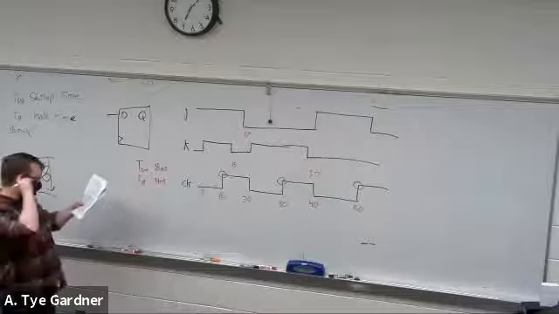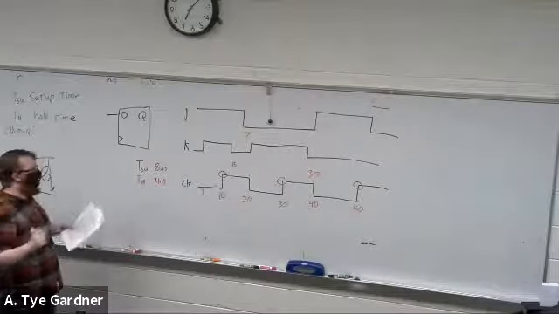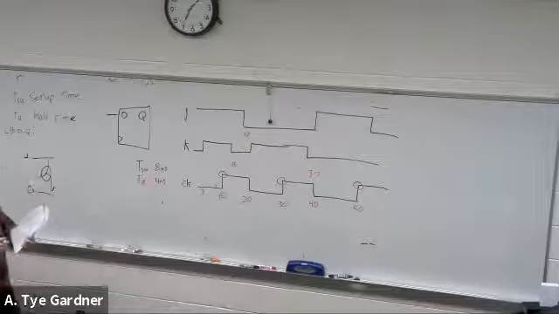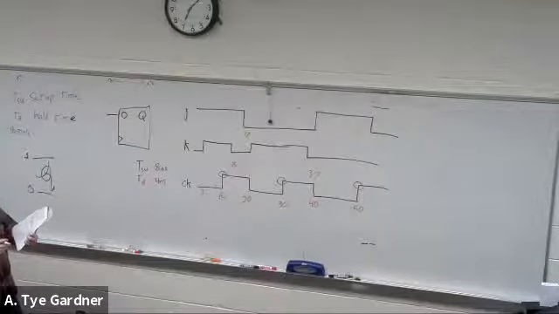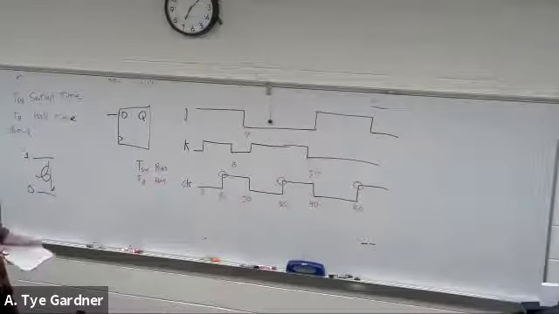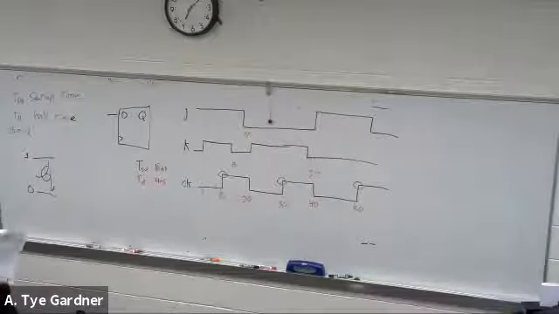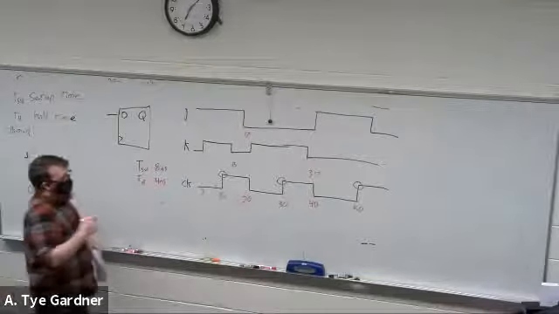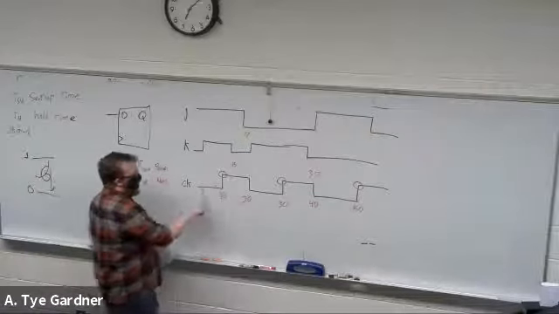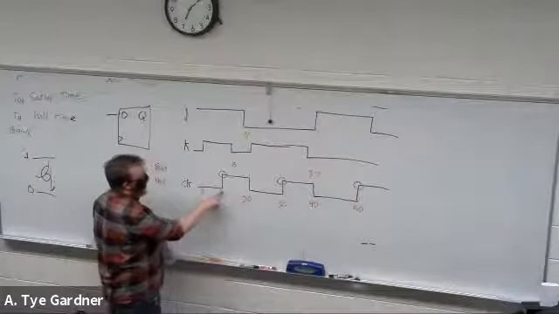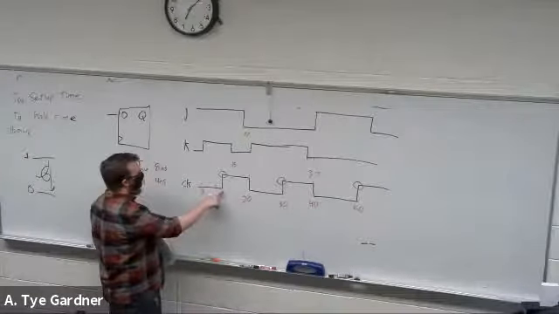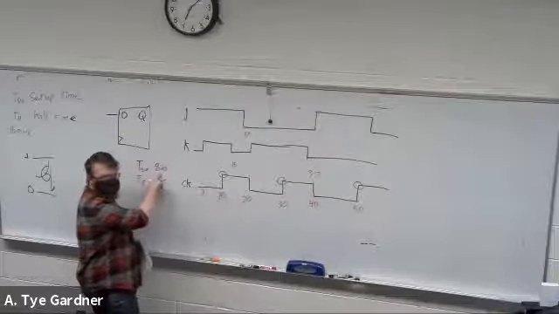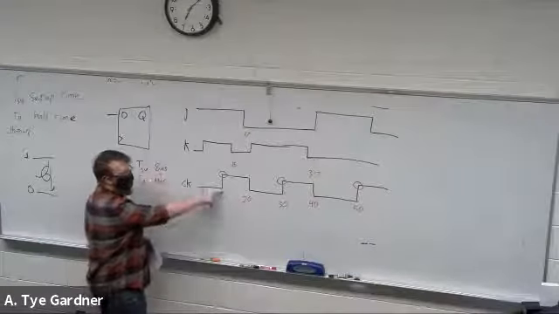And then, let's do all of that for now at the moment, and just talk about the potential issues. So what this means is my setup time before clock must be stable for 8 nanoseconds before this clock edge happens.